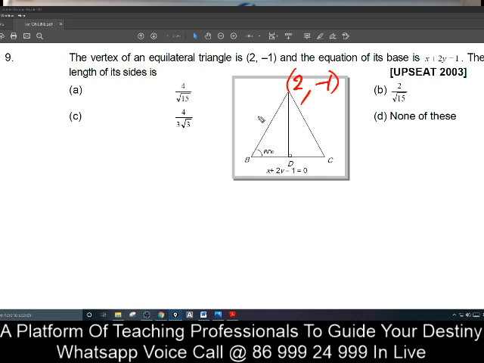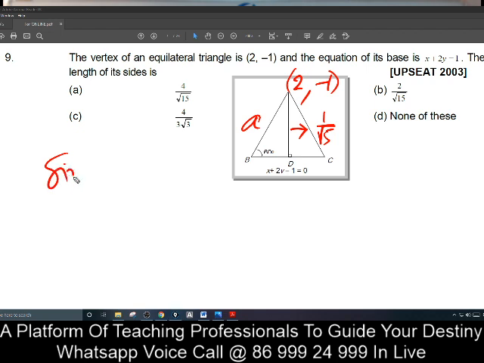Let the length of the side be a. Find the perpendicular distance, please. I am writing directly because everyone knows the perpendicular distance formula. Modulus of a x1 plus b y1 plus c, that is 2 minus 2 minus 1, modulus of minus 1 by root 5. So 1 by root 5 is the perpendicular distance. Now you know the opposite side and we need the hypotenuse.